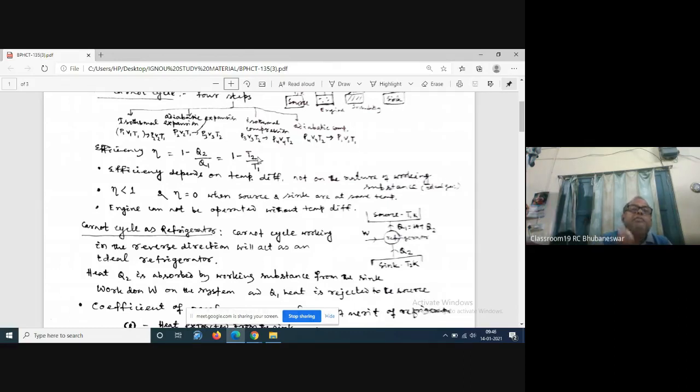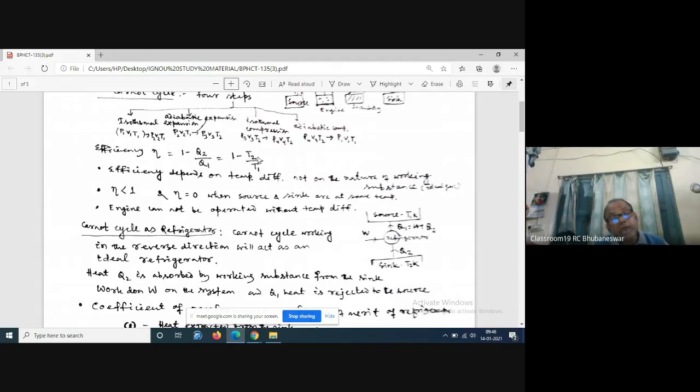That may be a theoretical perception, how we consider that the piston is frictionless. Can you make a completely frictionless piston? There must be some friction, maybe very small.